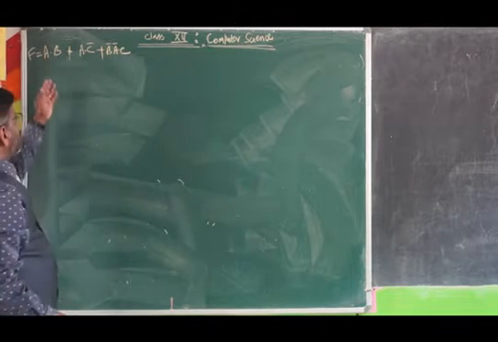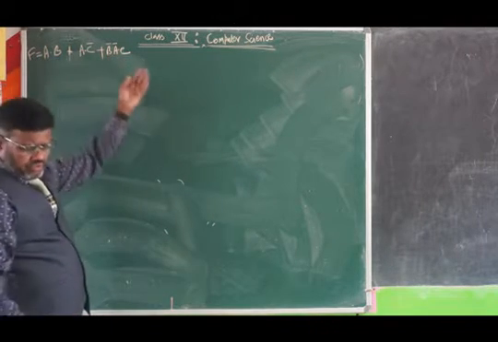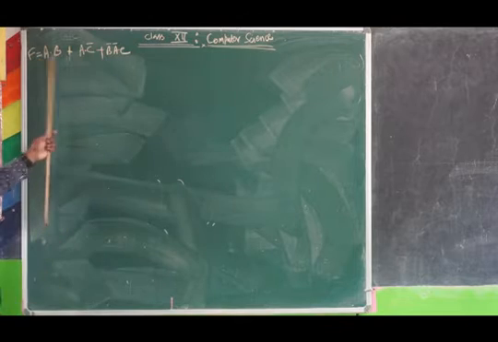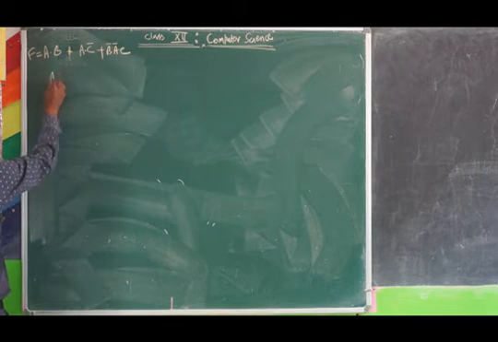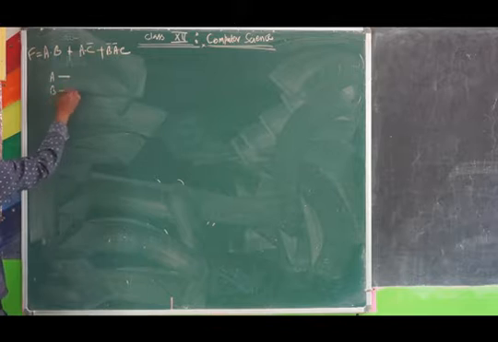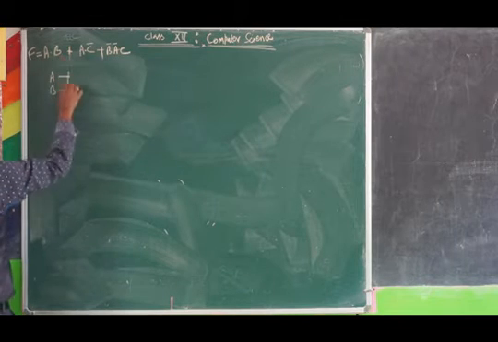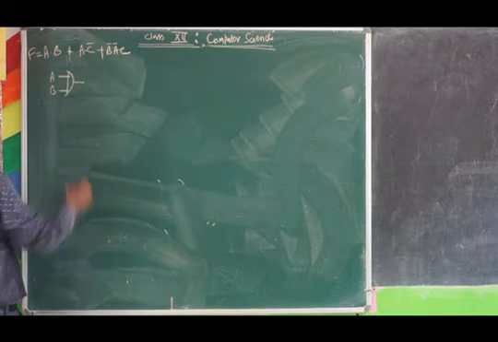From our basics, we need to move from left to right. First of all, here we have a gate called the AND gate, so this needs to be drawn like this.